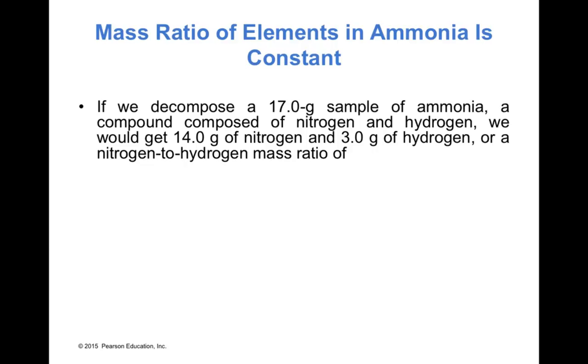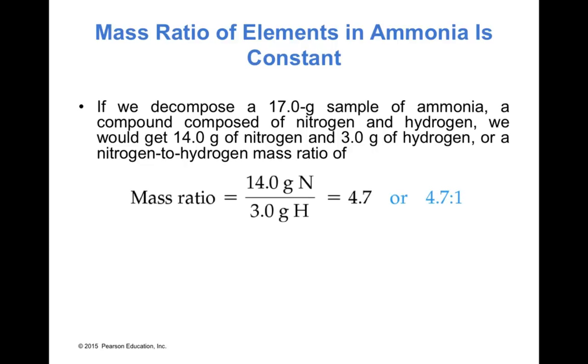Or a mass ratio between nitrogen and hydrogen of 14 grams of nitrogen divided by 3 grams of hydrogen. This will be 4.7. So that means that for ammonia, you will have a mass ratio between nitrogen and hydrogen of 4.7 grams of nitrogen for each gram of hydrogen.